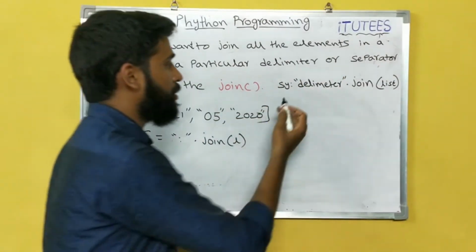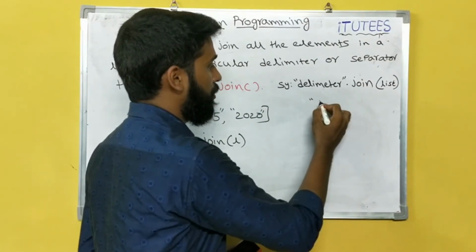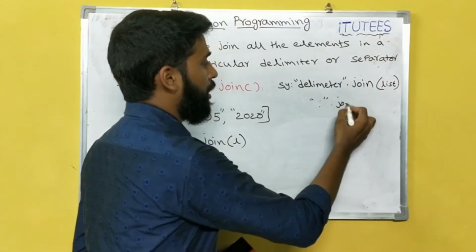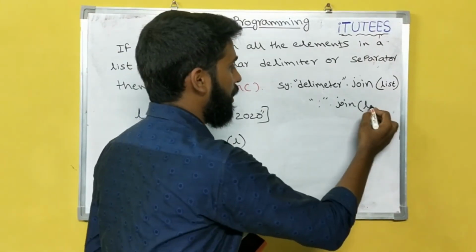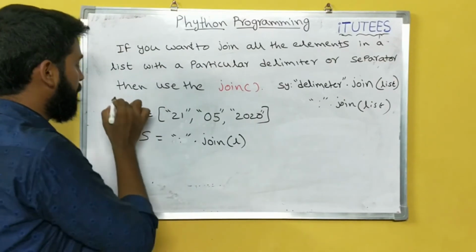So what is the syntax for the join function? Delimiter. That means what is the operator you are going to use. For example, I want to use colon. That is the delimiter. Dot join. Here I can give list or set or tuple. This is the syntax.